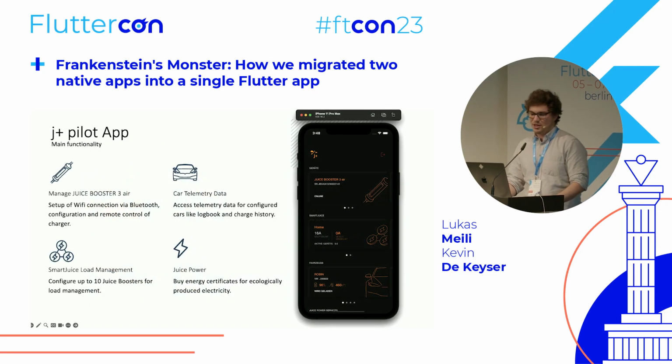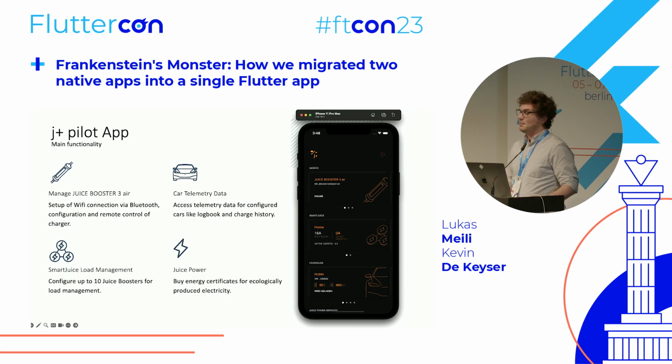So let's look at the J+ Pilot app, at its main functionality. Effectively, you can boil down the functionality in four main functionalities. That would be managing the Choose Booster Free Air, configuring the Smart Choose, which is the load management feature, and then there's two separate parts of the application, which we're not going to talk that much about today, because it's developed by a separate team, and for us, it's essentially just a web view.